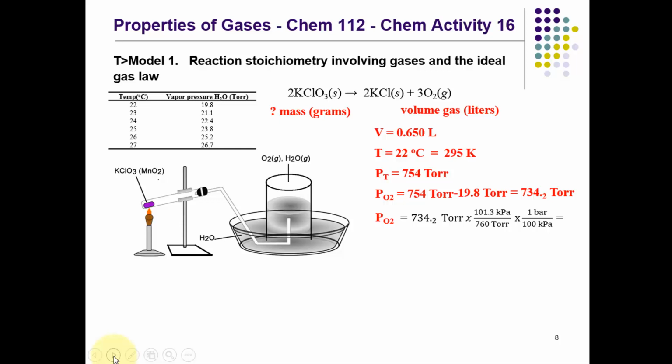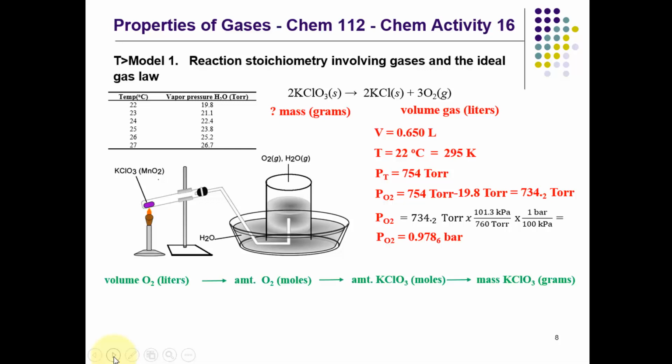Remember that these are exact relationships and they do not define the number of significant figures. Once we have kilopascals, we can then convert that to bar, 1 bar per 100 kilopascals, and therefore we have a pressure of oxygen gas of 0.98, and then only 3 sig figs are permitted, but I'm keeping that extra subscript for calculation purposes, bar.